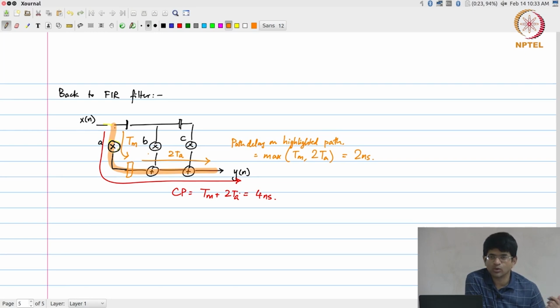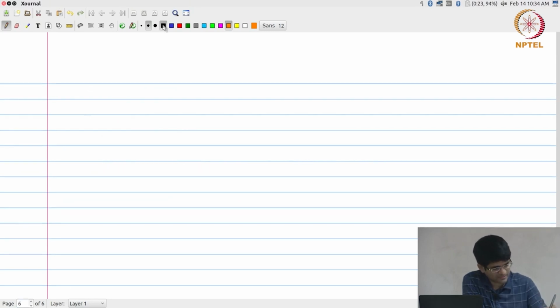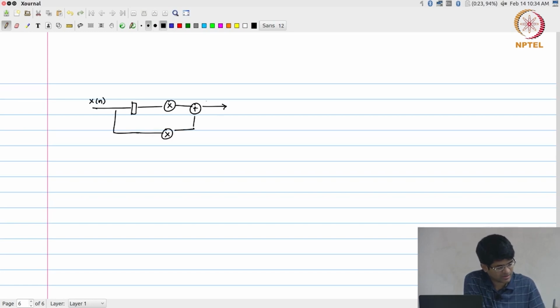So, the question is, how do I go about doing this? Am I allowed to just introduce registers anywhere I like? The answer in general is no, you can't just introduce registers anywhere you like, because potentially it changes the functionality of what you want to do. One way of looking at it is, supposing I had this circuit with x of n, and this was all that there was to it.